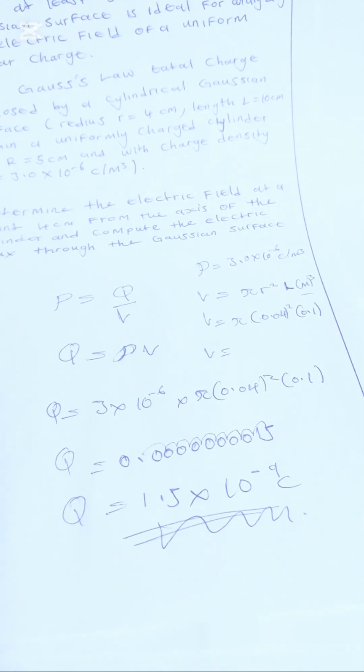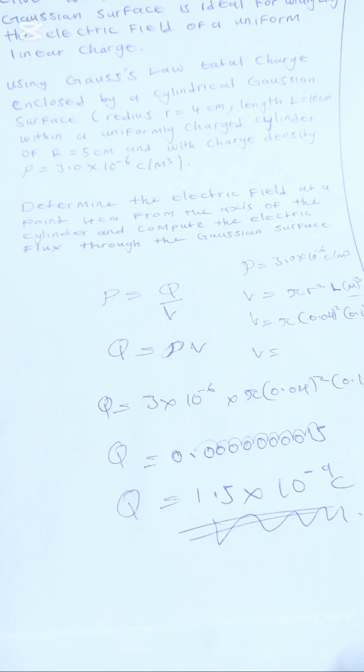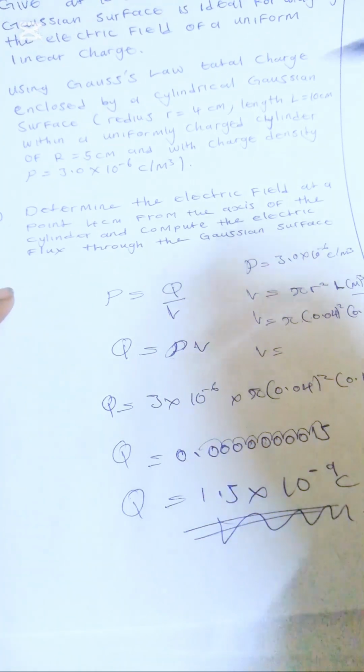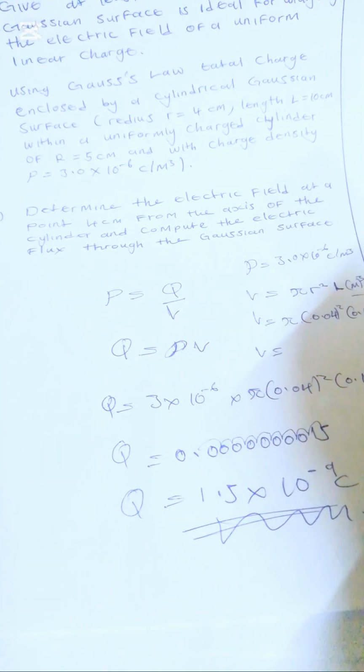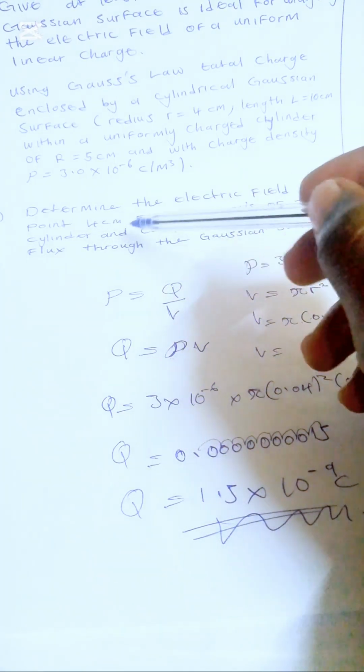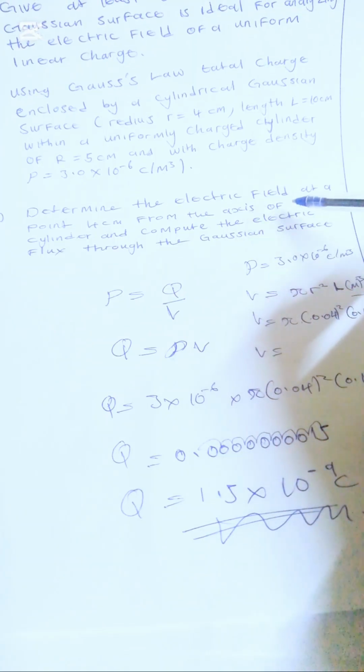So now let's do the last question. So our last question is asking us to determine the electric field at a point which is 4 centimeters from the axis of a cylindrical surface.